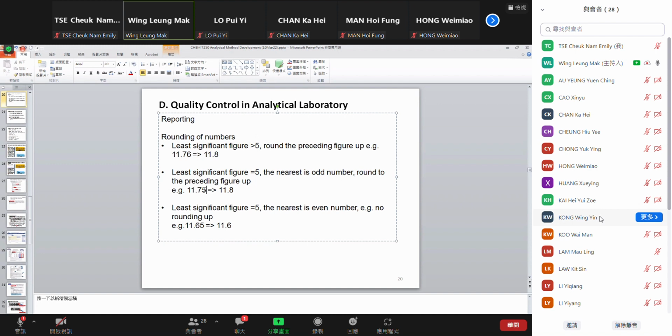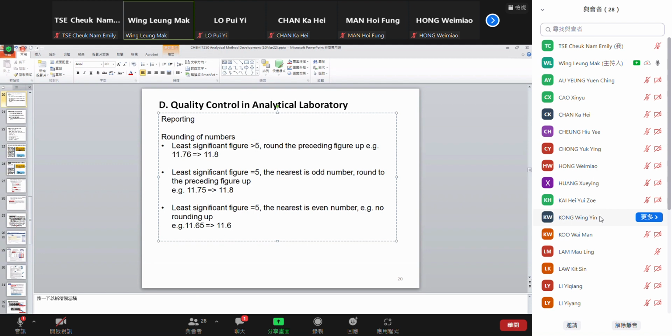This should be 50000, because it's an odd number, so round up. If it is 50000 with an even preceding number, no round up.